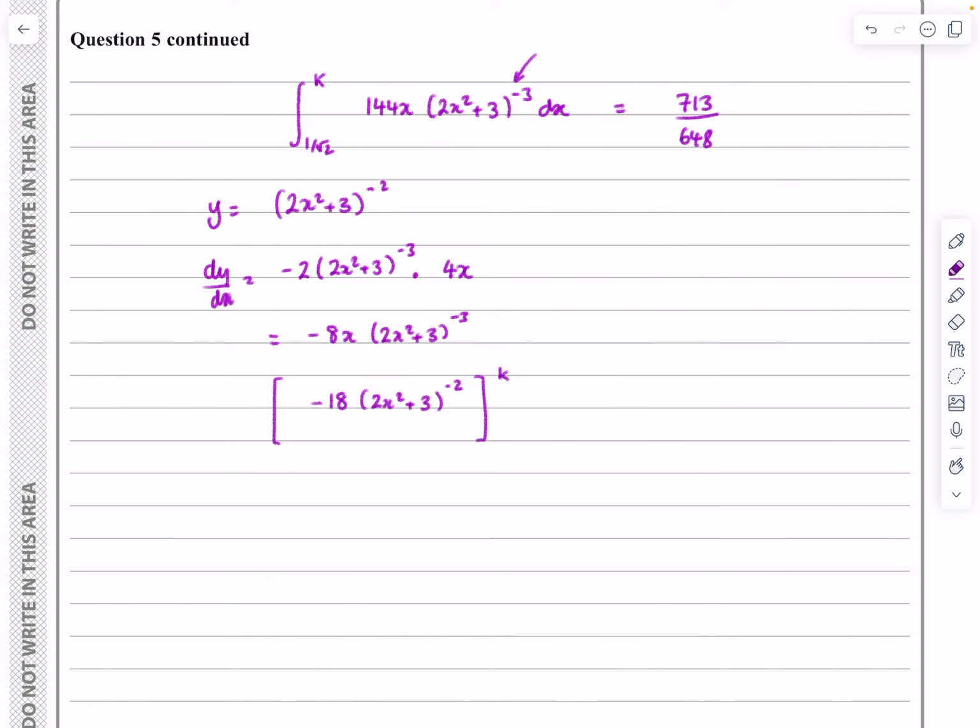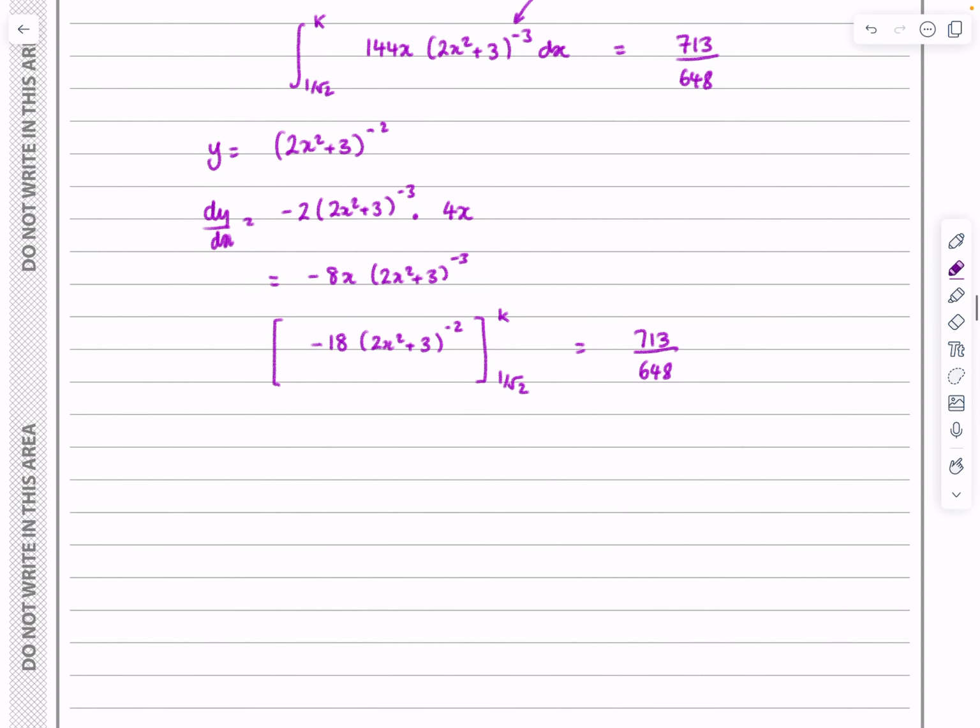Between k and 1 over root 2, that is still equal to my 713 over 648. If you're struggling with that, maybe rewind the video and have another look at it, or go away and do some more practice of other questions.